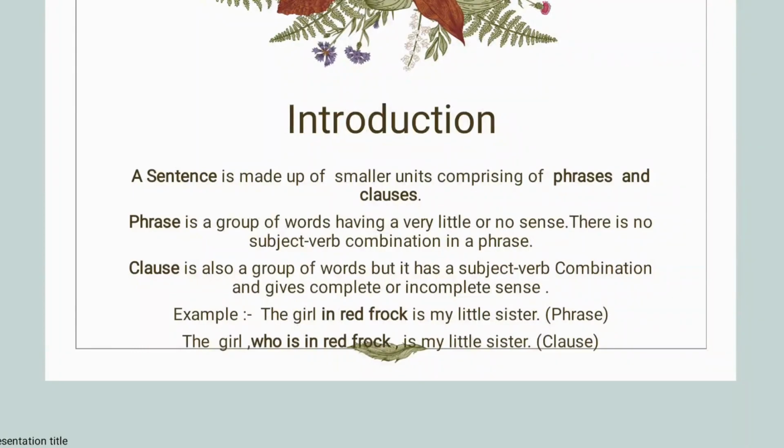So we have got a subject also and we have got a verb also. So here it makes a little sense. Even though there is no complete sense, still a little sense is there. We know about whom we are talking, the girl, and we also have a verb there. Okay. So this is a clause.